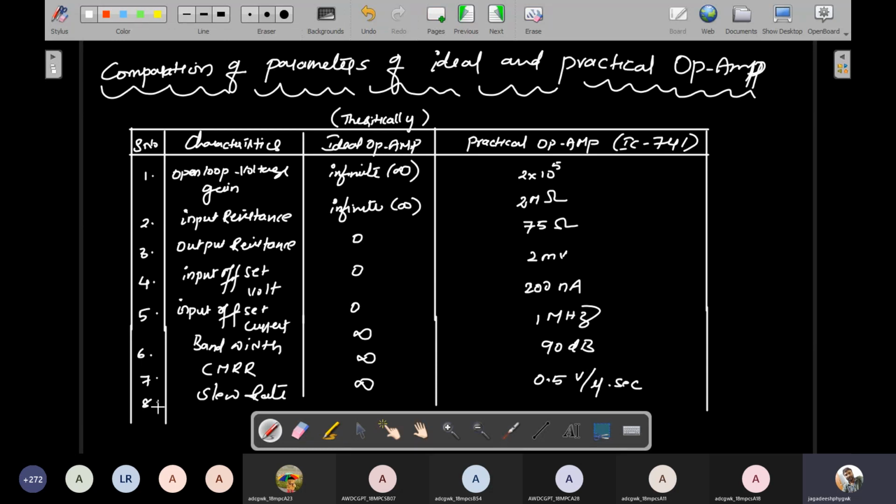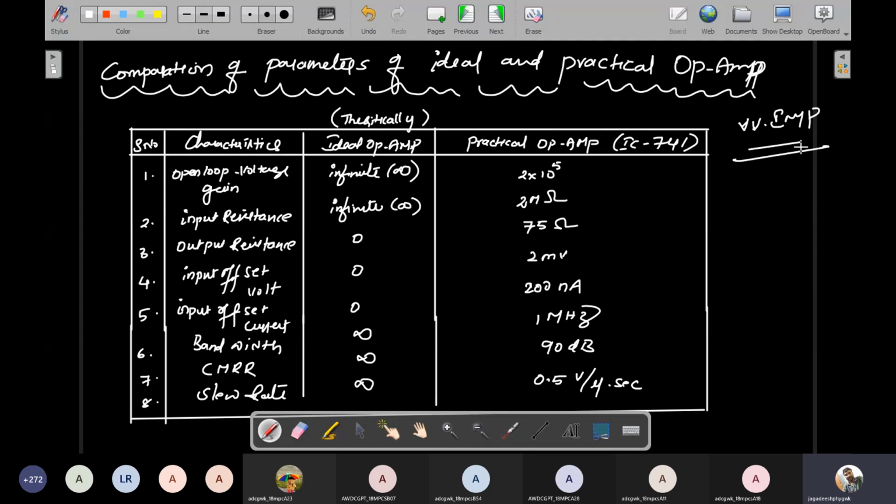Okay, and this is the very important chart of comparison of theoretical and practical operational amplifiers. This chart is very important, an important chart. Okay, so please note everybody.